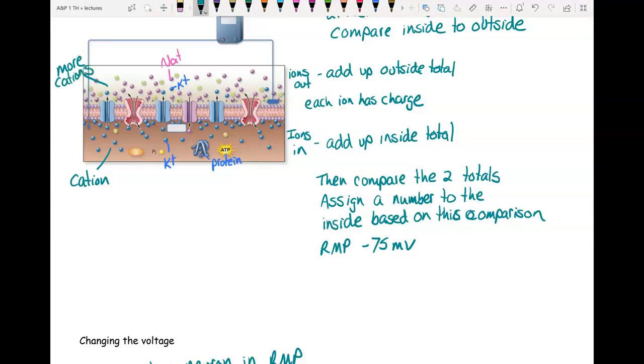So even though the inside has cations, it's -75 because it has 75 fewer than the outside does. And that's how you calculate the voltages for the neuron. You compare the inside to the outside, and the difference between them, which can be positive or negative, is the voltage you assign to the inside.